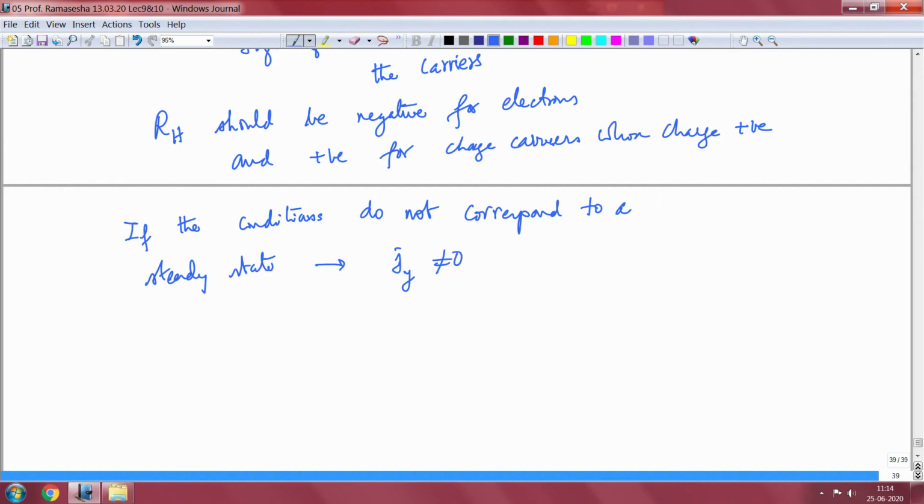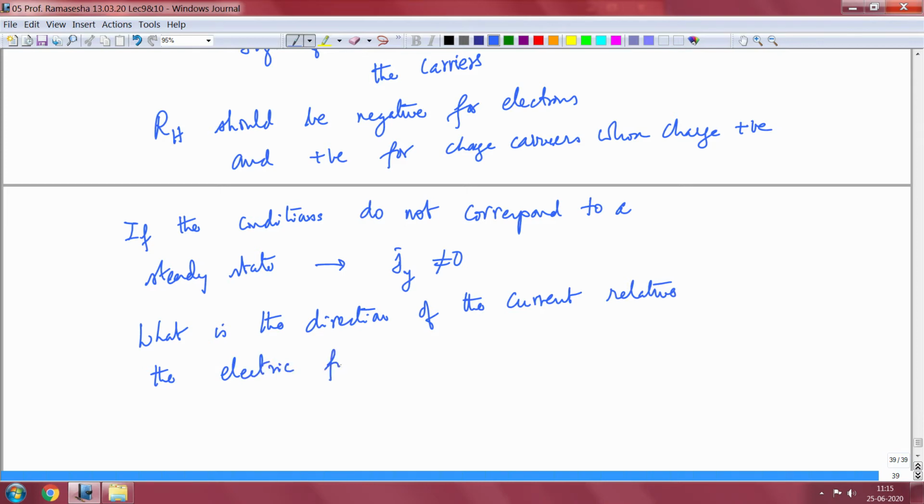So, when Jy is non-zero, then what is the direction of the current relative to the electric field? So, we must remember that the electric field now has both Ex and Ey components, and then we have to find out what is the direction of the current.